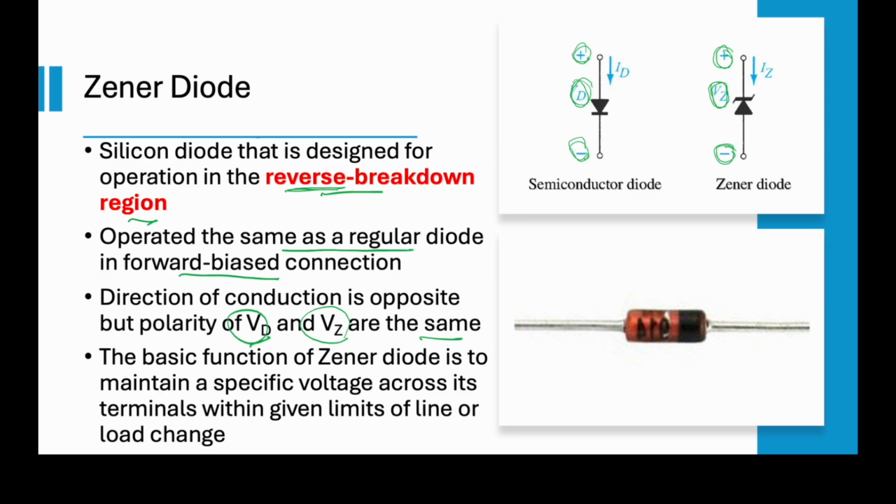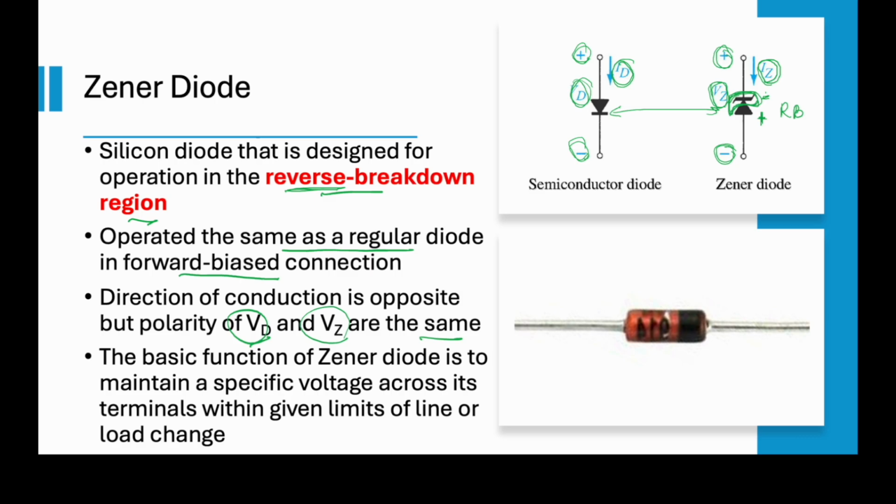However, the current flowing inside the diode is represented as ID, but the current flowing in the Zener diode is represented as IZ to differentiate it. We can see for the Zener diode there's a curl here, looking like a letter Z, to differentiate between the normal diode and the Zener diode. So this will be the negative side, and this will be the positive side of the diode. That's why it becomes a reverse bias condition.